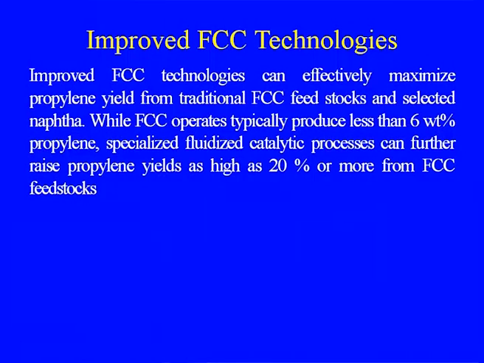A specialized fluidized bed catalytic process can further raise propylene yield as high as 20% or even higher. Normally if you increase the severity, you can go for more propylene yield, but the choice has to be there whether you want to operate your FCC in the gasoline mode or the propylene mode.